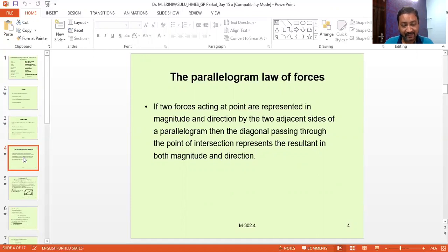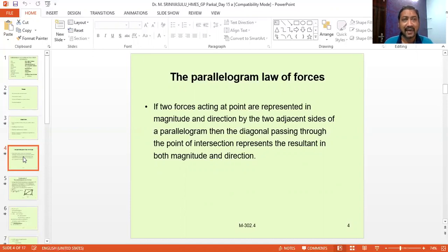If the forces are known and the included angle is known, then we can find the resultant of those two forces in both magnitude and direction.